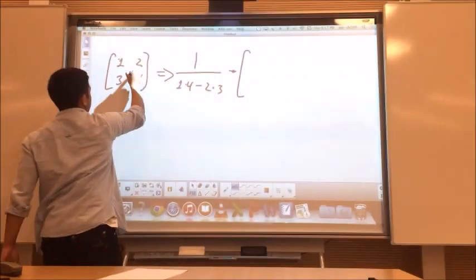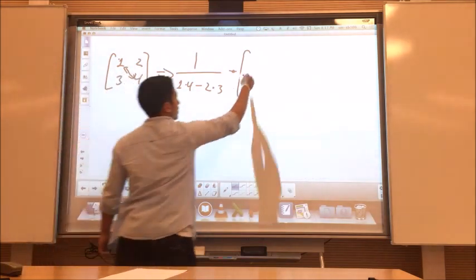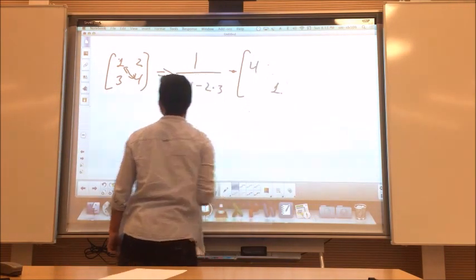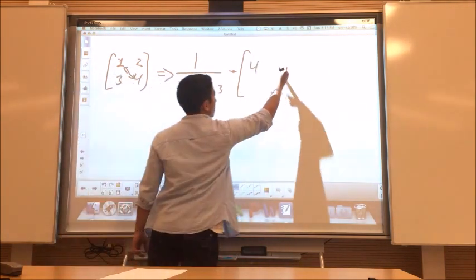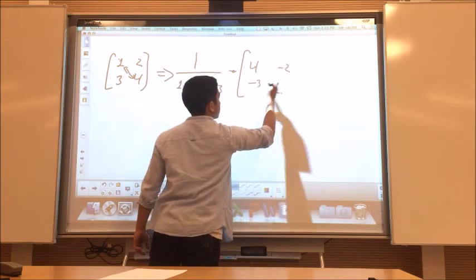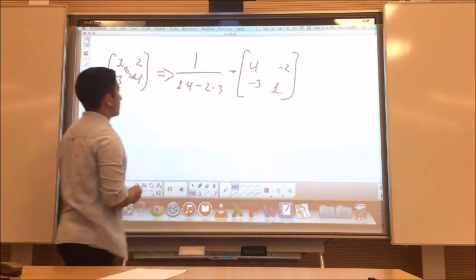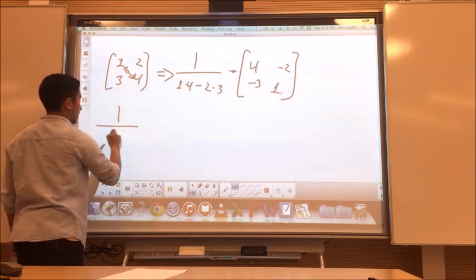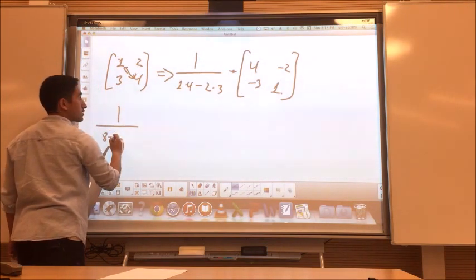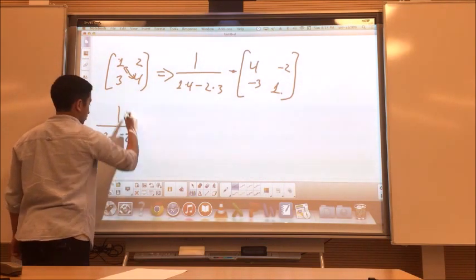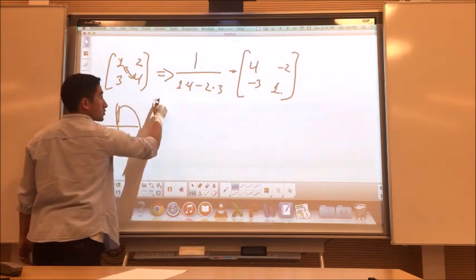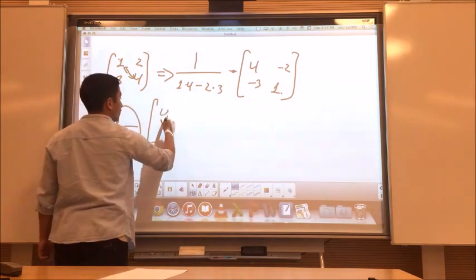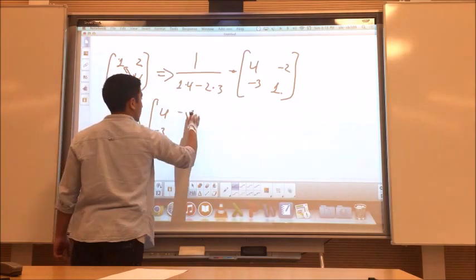Let's swap it. 4 and 1, and minus 2, minus 3. Let's solve it. 8 minus 6 is equal to 2, we need this one, and 4 minus 3 minus 2.